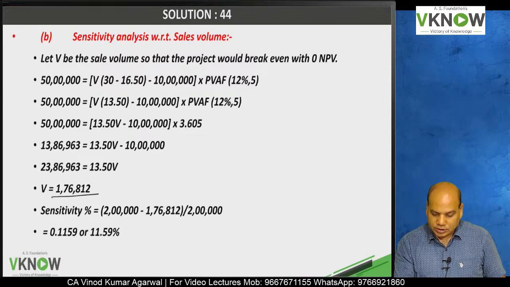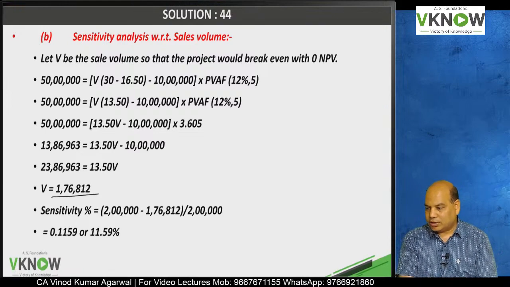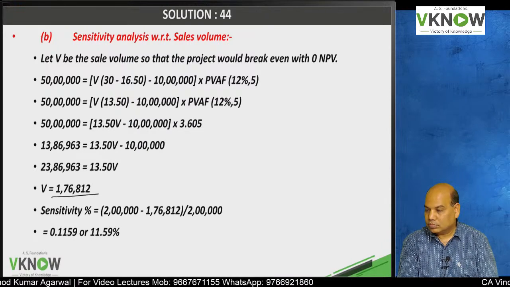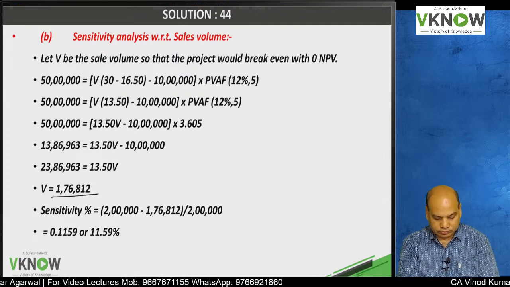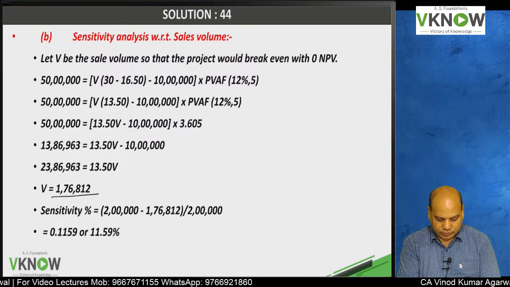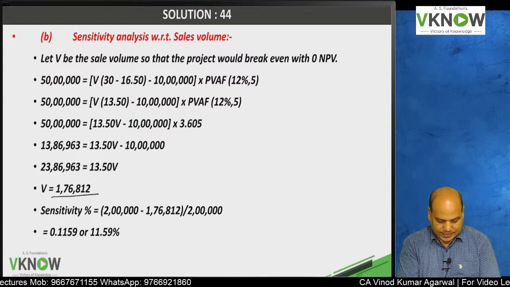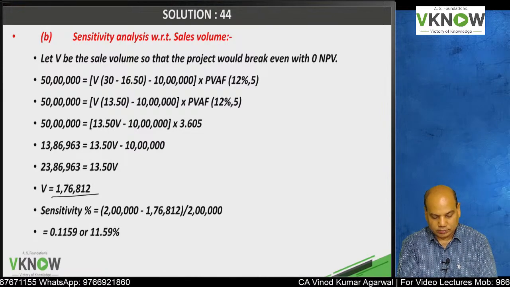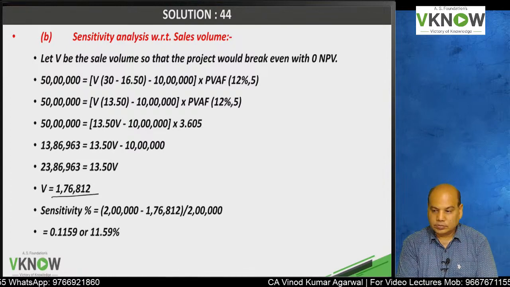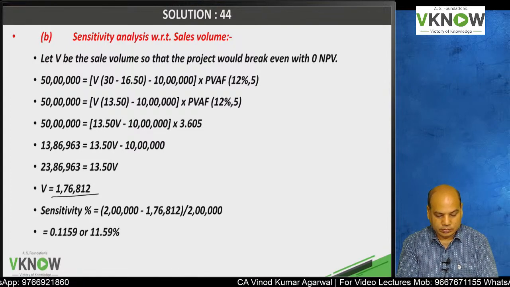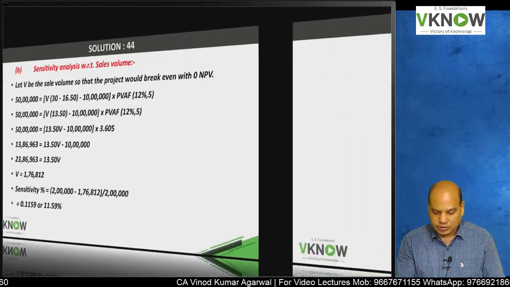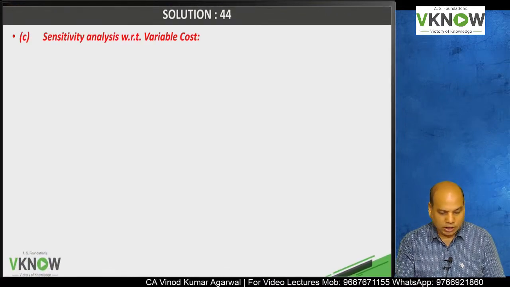Please write sensitivity percentage: 2 lakh minus 176,812 divided by 2 lakh. It comes to 11.59%.